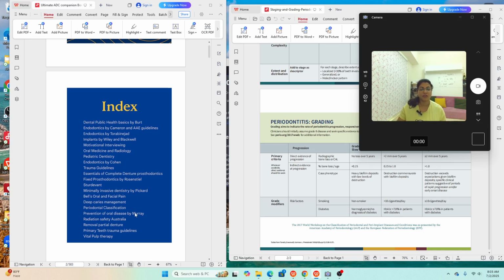So few of these books you have read, most of them you have not read, and that's because we have been reading standard textbooks, but sometimes those textbooks are not being followed by ADC, and since you're giving an ADC exam, you have to read concepts from that textbook. Now certain concepts are different, that's not how you have been taught, but you have to answer the question what they want to listen to.